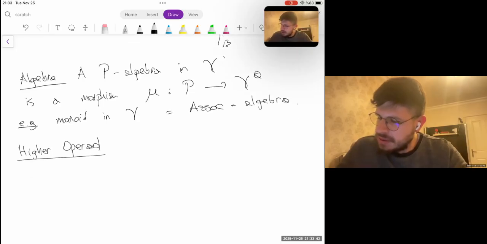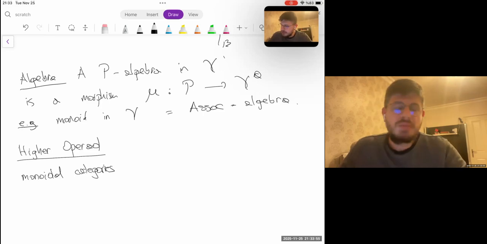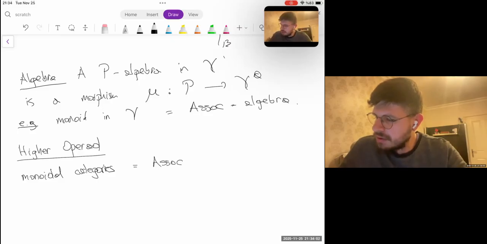Suppose you want to talk about monoidal categories as algebras, and these are supposed to be associative algebras in the 2-category of categories.